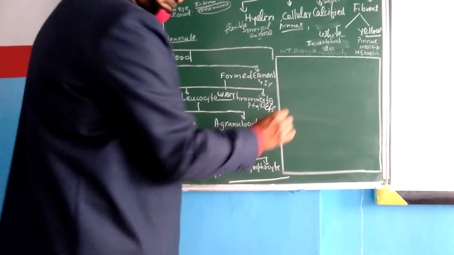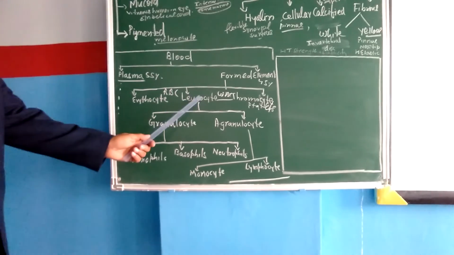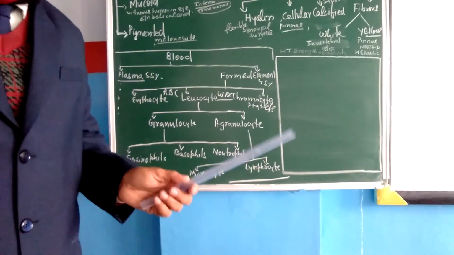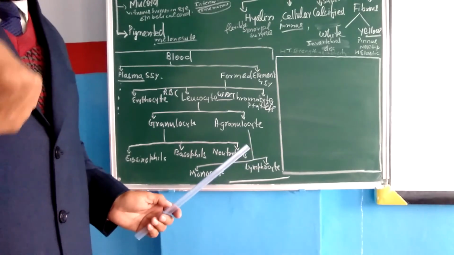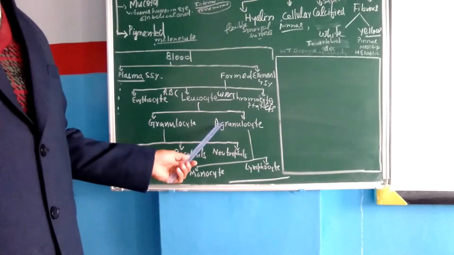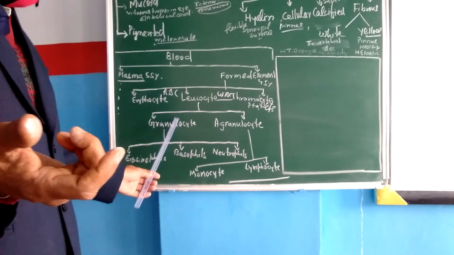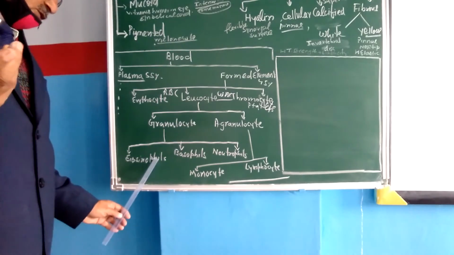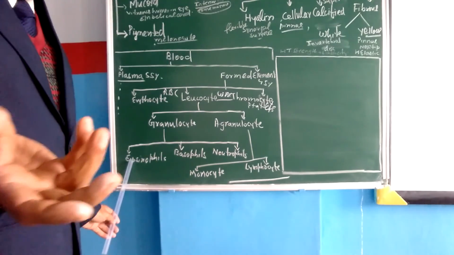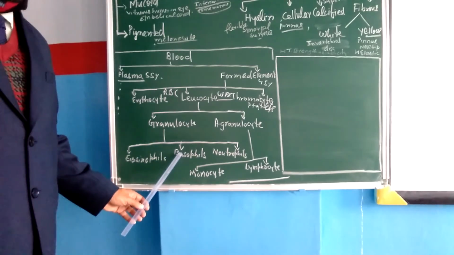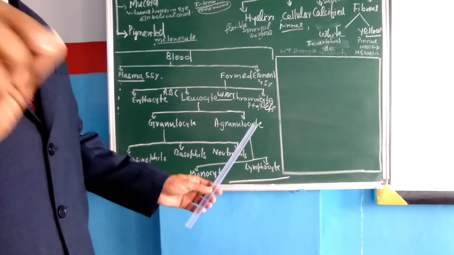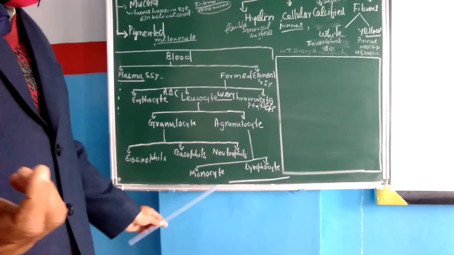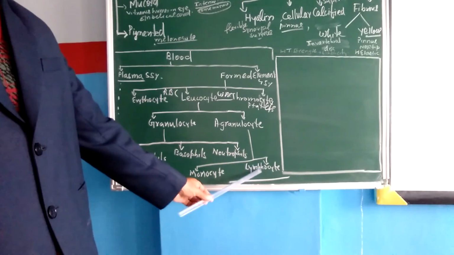Now, leukocytes are of different groups, having granulated cytoplasm or agranulated cytoplasm. If granulated, then it is of three types: eosinophil, eosin meaning acid lover, basophil, base lover, and neutrophil, neutral. And agranulocytes, having no granules, are of further two types: monocytes and lymphocytes.